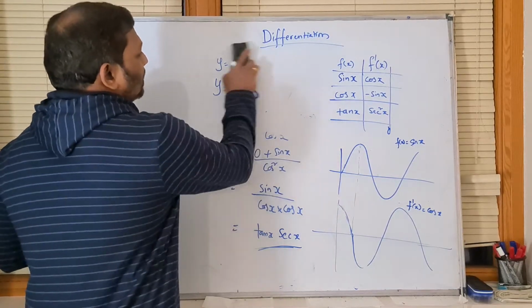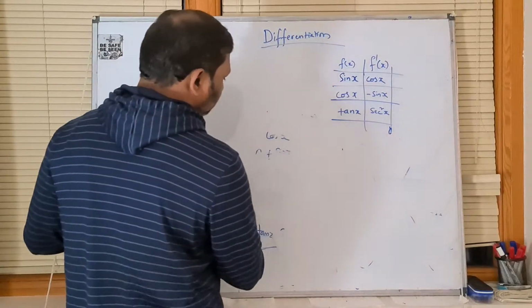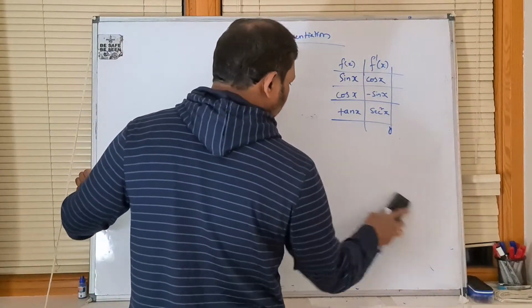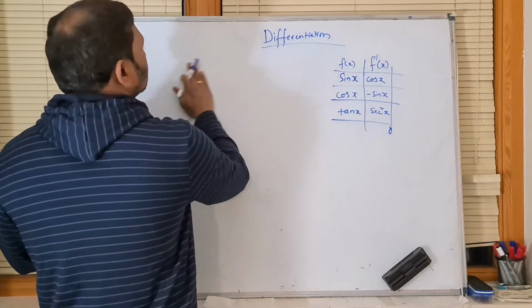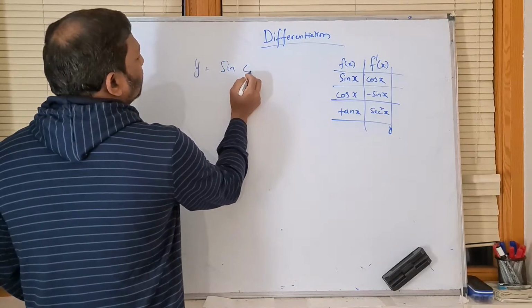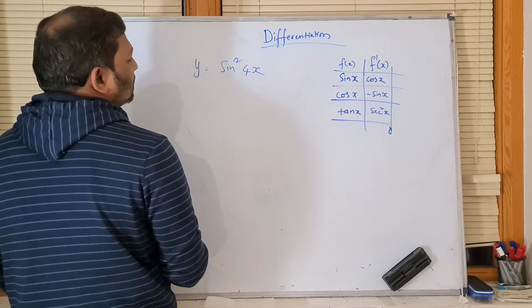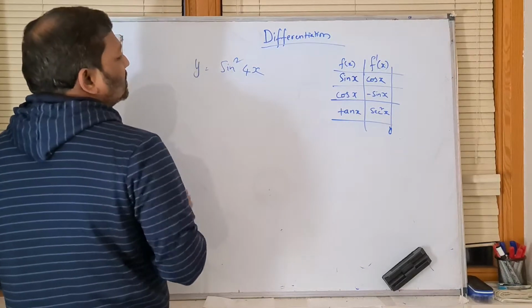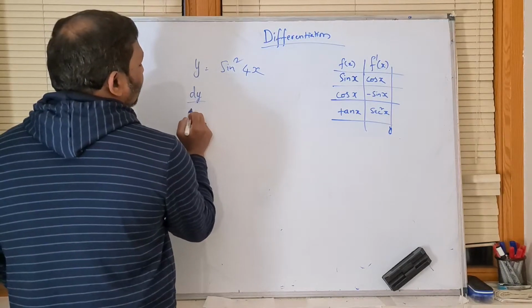Right, okay. Let's quickly take y is equal to sin 4x, or maybe sin squared 4x. Okay, let's do it. dy by dx.